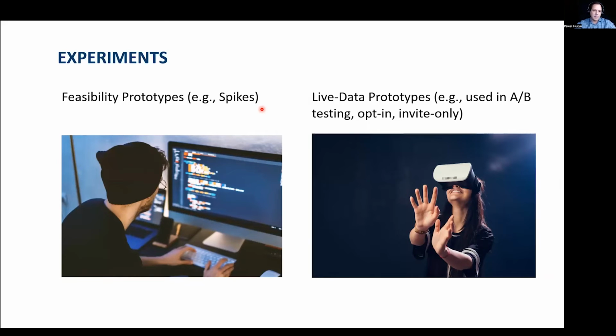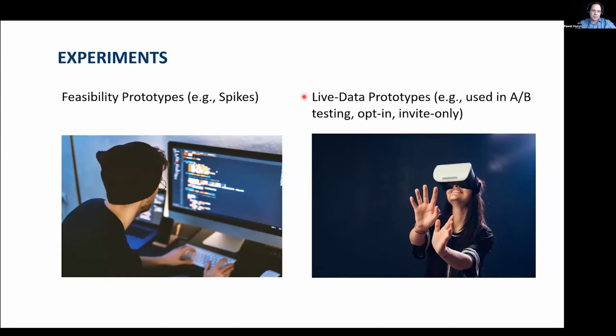So basically, this is some work that needs to be done by developers to address the feasibility risk, like some algorithm, some scalability issue, integrating with a library, integrating with an external system. And I think most of us have seen it at least once.